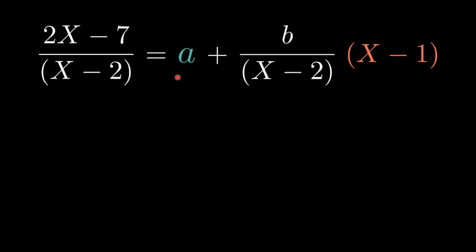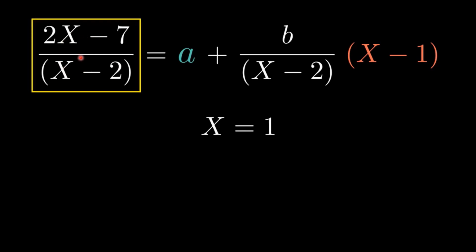This equality is true for any real x different from 2. Then what is the best value of x that gives a? When we take x equals 1, 1 minus 1 is 0. So the best value of x is x equals 1.